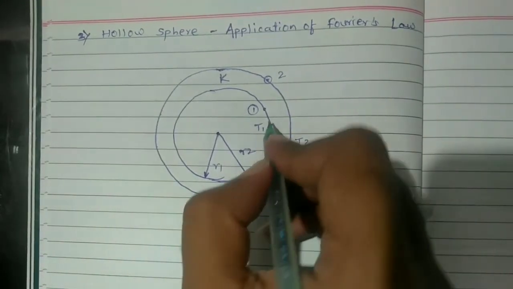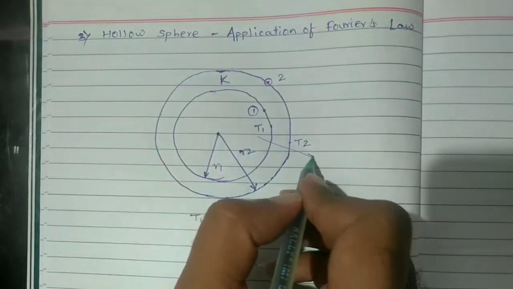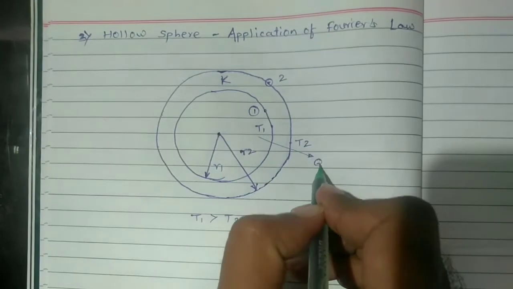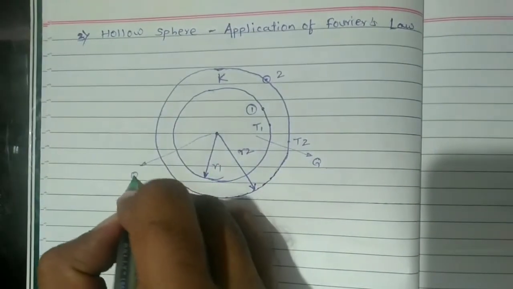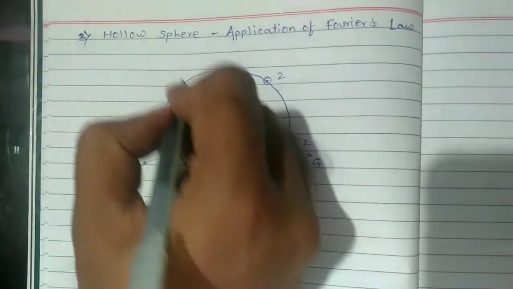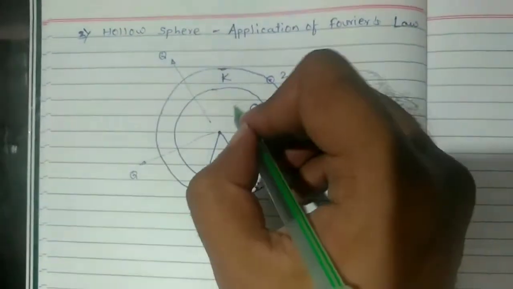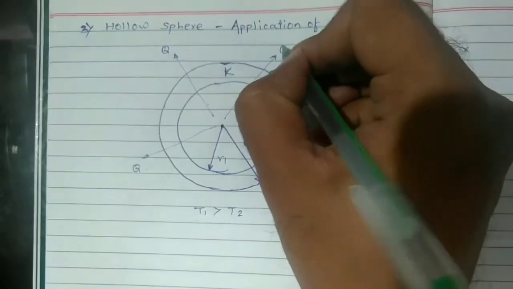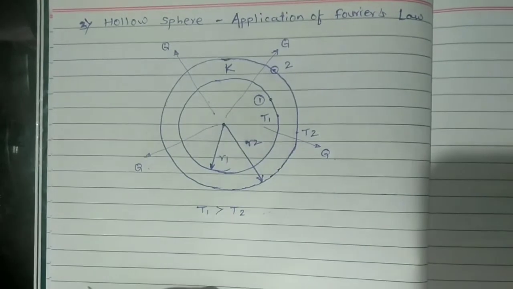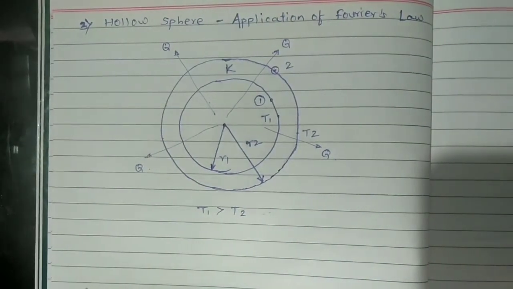So the heat is going to flow in the radially outward direction, which is represented by Q, and we are going to consider Q constant in all directions. So the rate of heat flow in all directions remains constant.